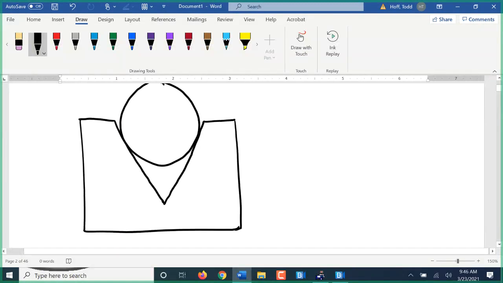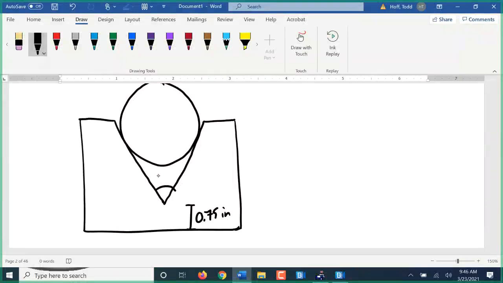But in this situation, let's say that we know this dimension here is, well, let's say it is 3/4 of an inch. I'm going to give you an angle here, 54 degrees. We're going to say that our round stock here has a diameter of 1.8 inches.